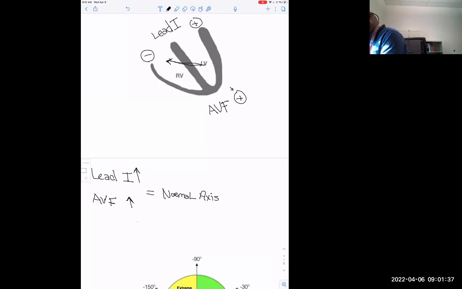Remember in lead one, the force is moving away from the positive pole of lead one towards the negative pole of lead one. So that's going to give us a downward deflection in lead one. And in AVF, you're also going to see a downward deflection.